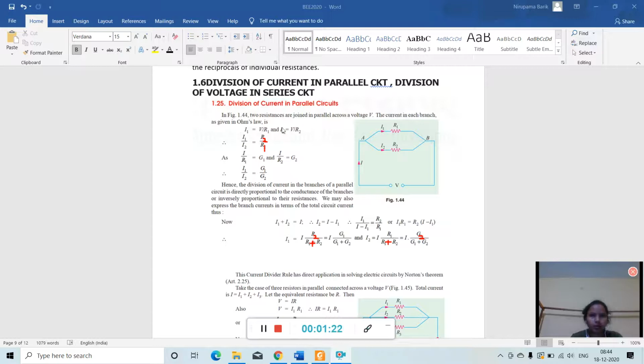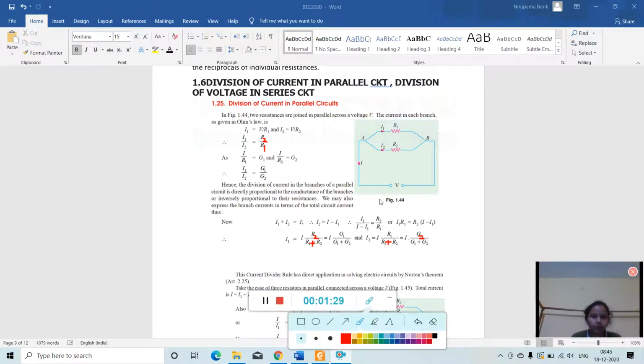So see, already we found the equation from Ohm's law.